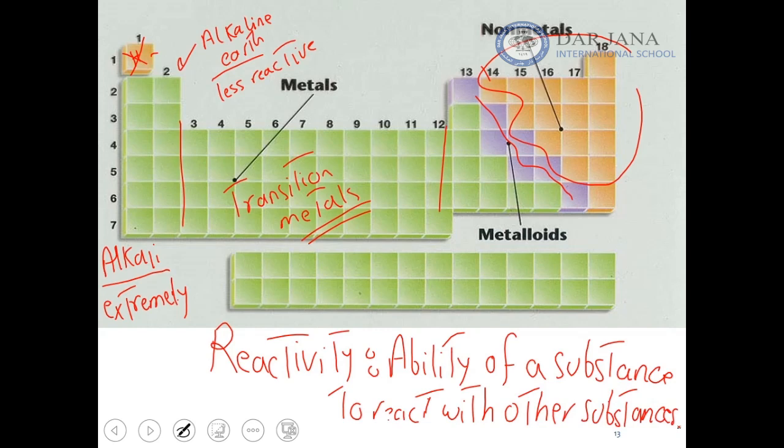As you can see here, alkali metals have the greatest reactivity. They react easily, they are extremely reactive.